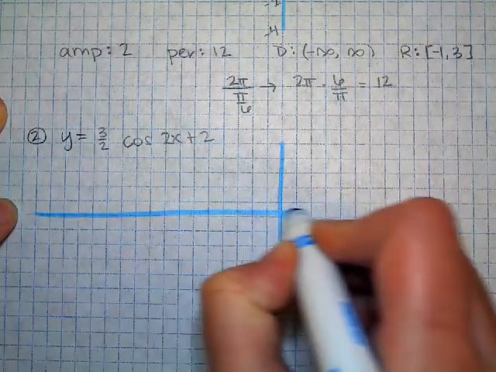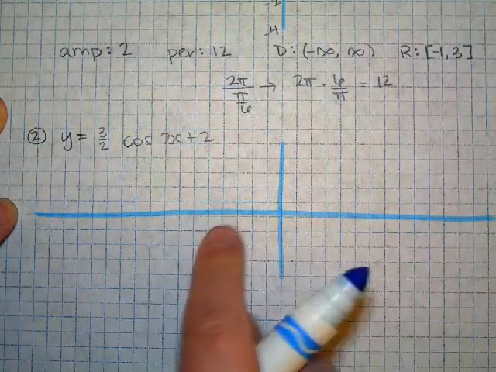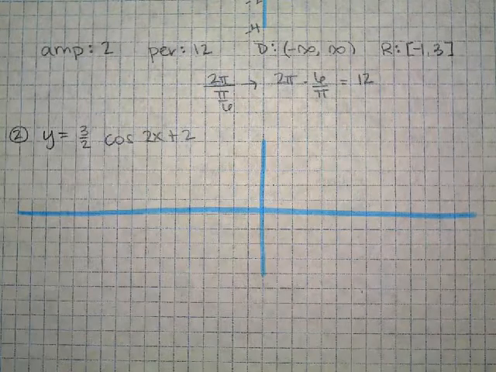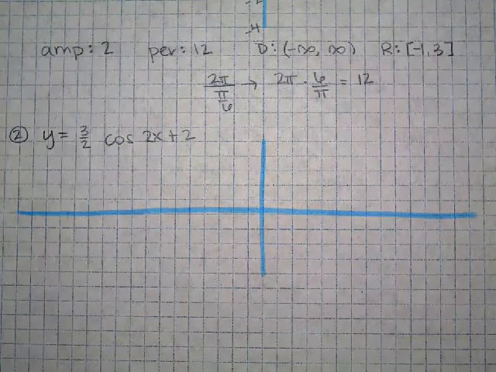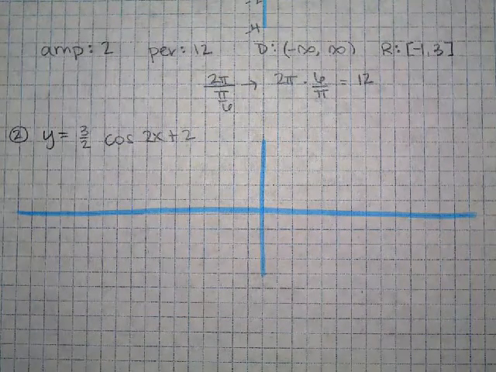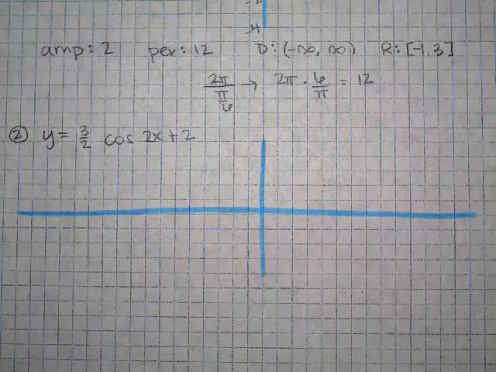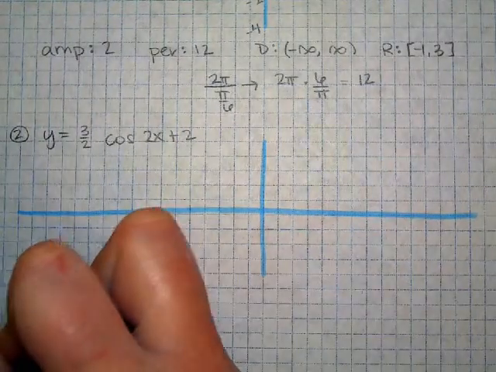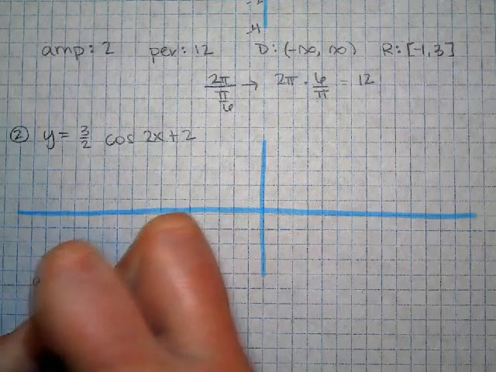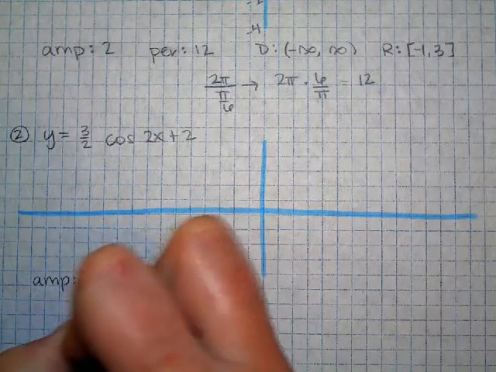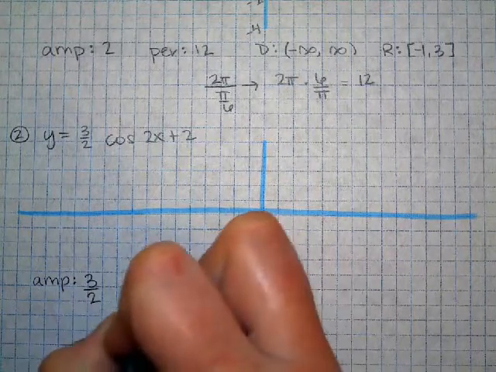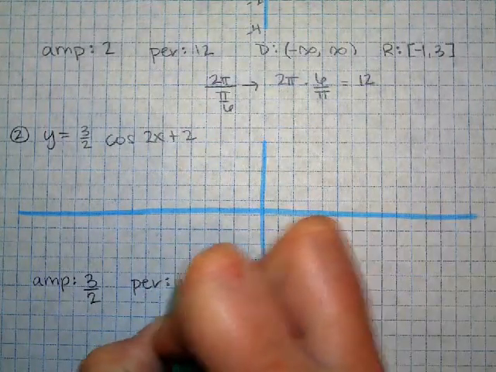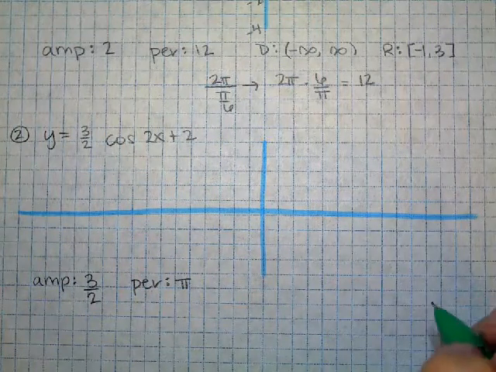Ugh. I went up a little bit. Oh no. Miss Rice. All right. What is the amplitude? 3/2. What is the period of the graph? Pi. All right. How many boxes do you guys want to do?